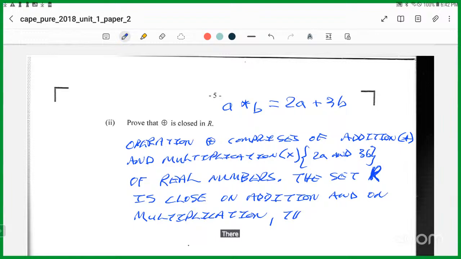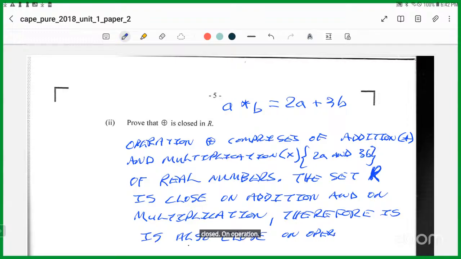Therefore, it, that's the set, is also closed on the operation. Whatever that operation is called, that's it.